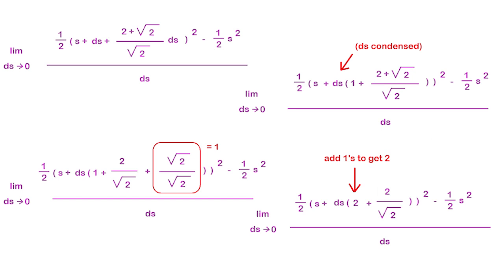Then we break up the numerator of the stuff over the radical, because the root 2 over root 2 nicely cancels out to 1. Then we add up that 1 to the other 1 inside of the squared expression, and that's the most we can do on this screen.